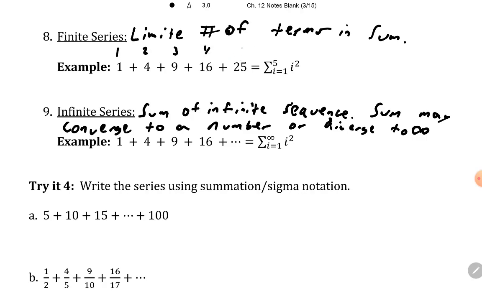If I plug in 5, I get 25. So the pattern here is we take our number and then we square it, right? So that's what this is here. This is our rule. And we're starting by plugging in 1 and ending at 5.